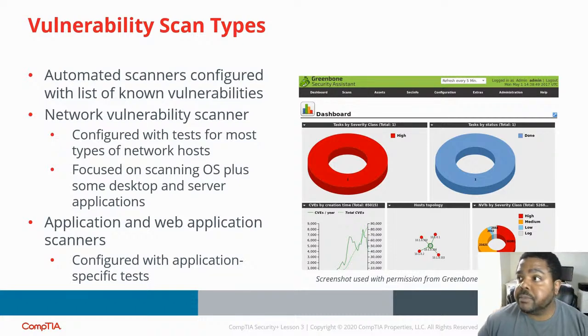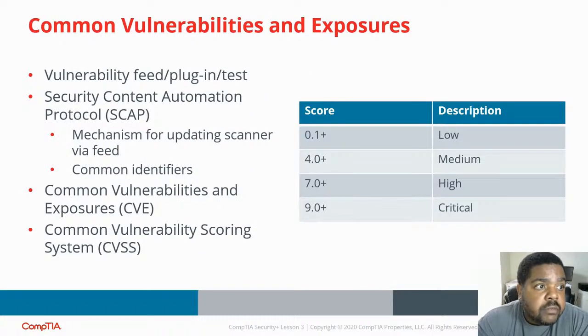Now, when you have your vulnerability scanner scan the network and it applies those vulnerabilities to the database and comes back with a report, it will give you a scale from low risk to critical risk, right? You normally see these things called CVEs, the Common Vulnerabilities and Exposures, which is the name of the vulnerability that's out there.